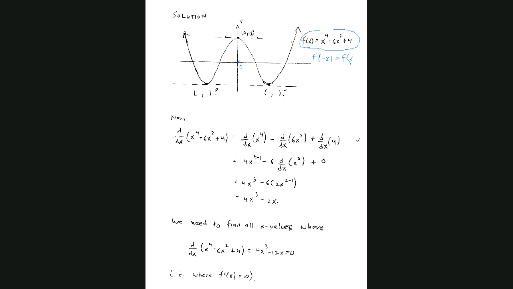If you substitute in negative x for x, you just get back the same function. And so the values of the function to the right of the origin, where x is positive, would equal the values of the function to the left of the origin, where x is negative.